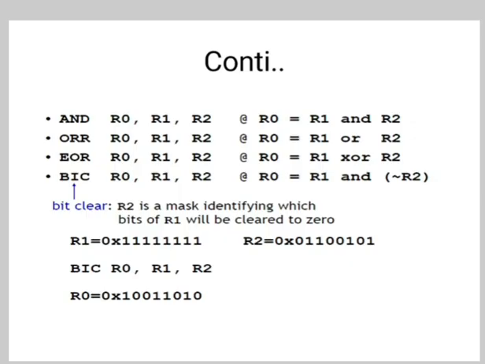And the last one is R1 AND NOT R2. Now this is bit clear. R2 is a mask identifying which bits of R1 will be cleared to 0. So what is R2? It is a mask identifying which bits of R1 will be cleared to 0.